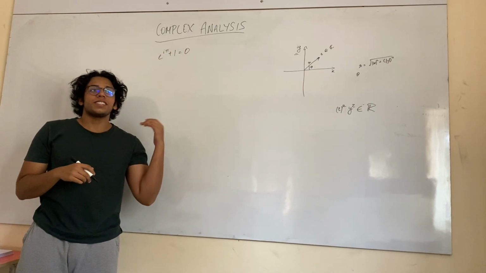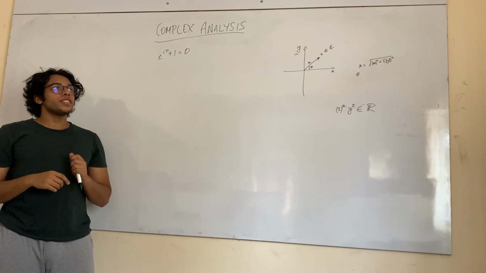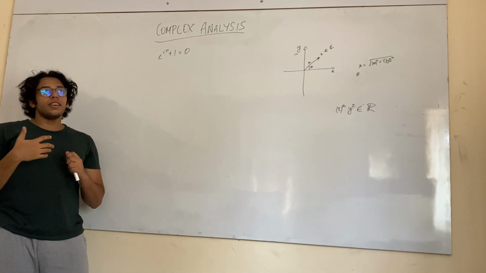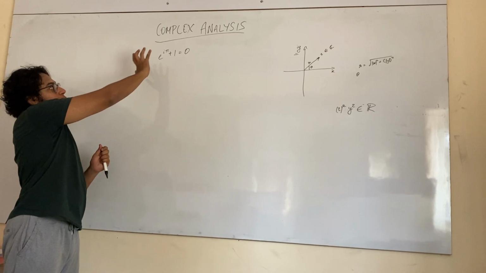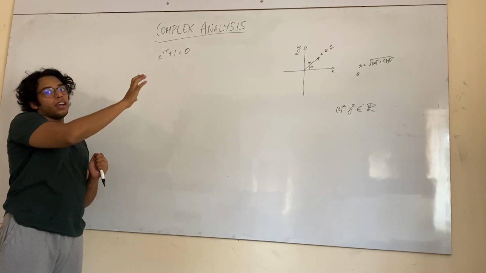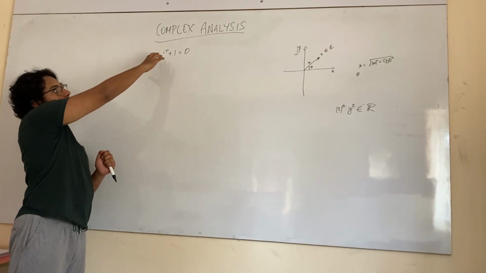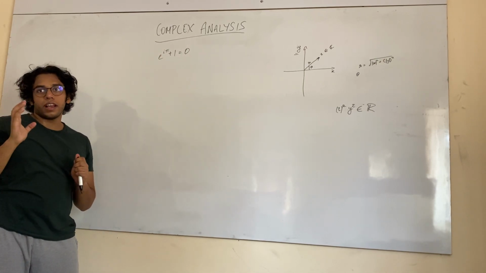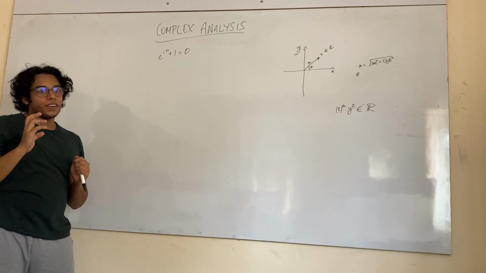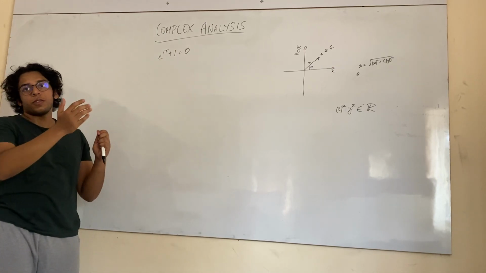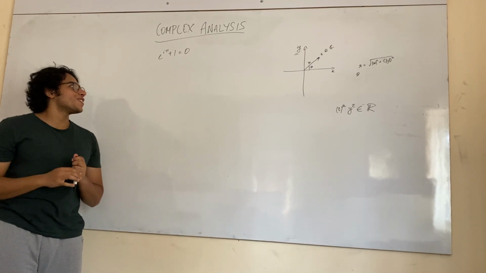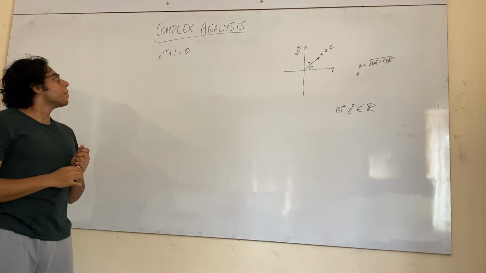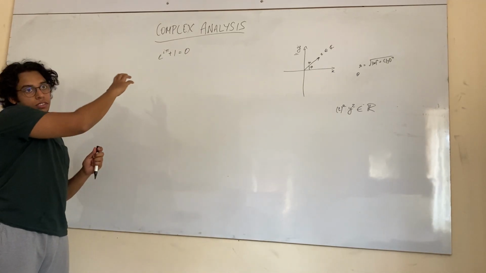You can see why this equation itself seems so beautiful. First you have 1, then you have pi, you have i, and you have e, and you have zero. So all the famous numbers in math. So now, why does this come to be, right?